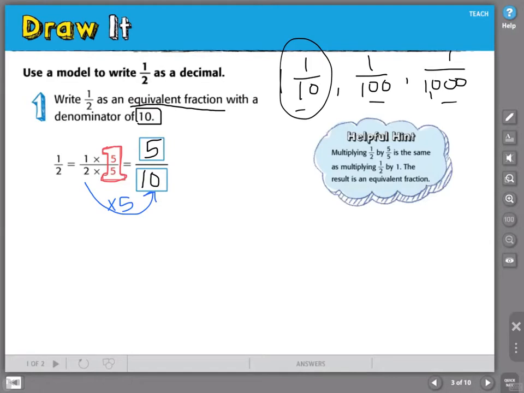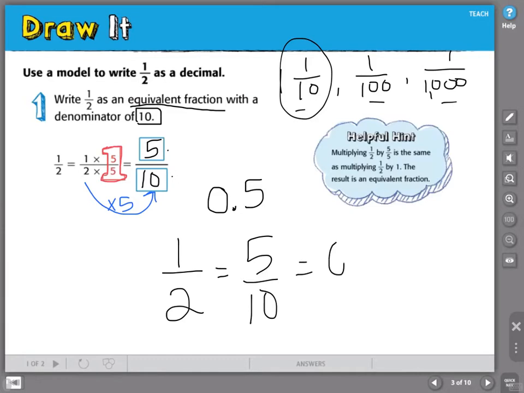Now that I know the name of this fraction with 10 as a denominator, and I read 5 tenths, I can use what I know to write 5/10 as a decimal. So 1/2 equals 5/10 equals 0.5. These are all equivalent values.